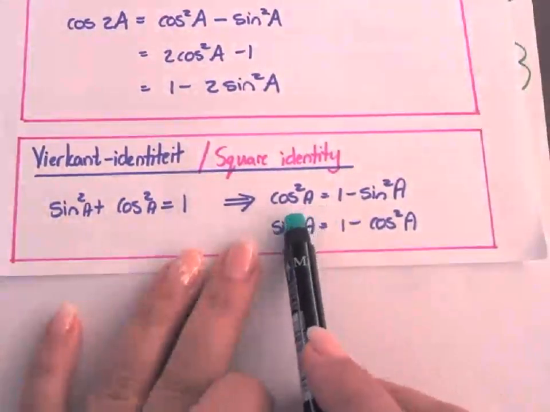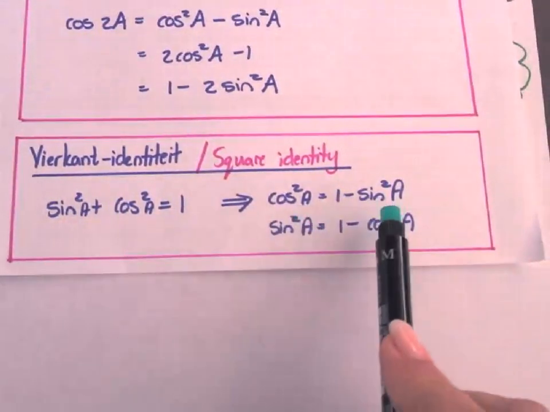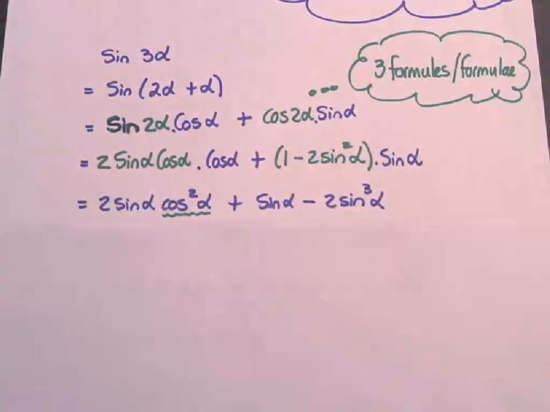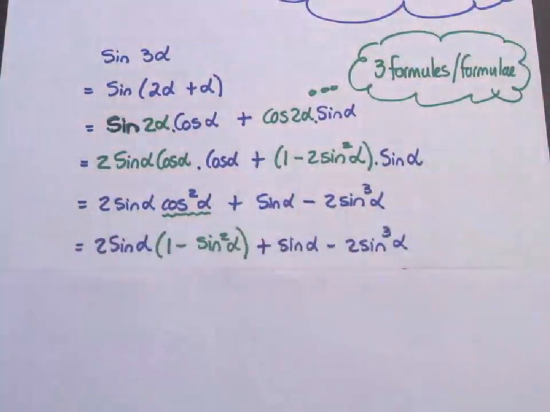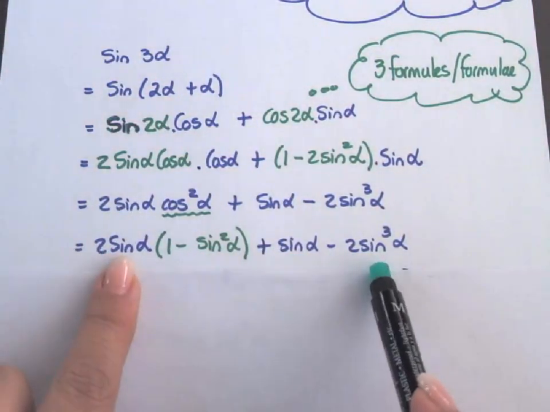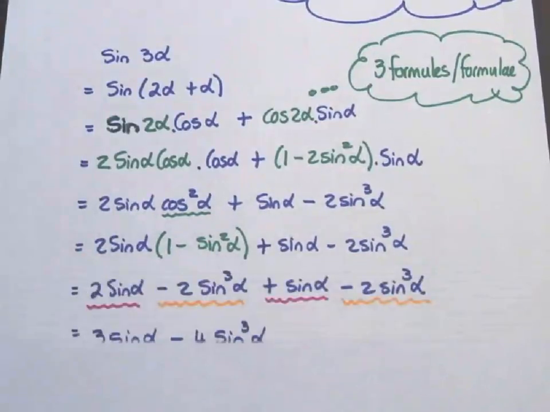That's 1 minus sine squared. Okay. So it's 1 minus sine squared, and now I only have sines. So I multiply out the bracket, add all the like terms, and then get my answer.